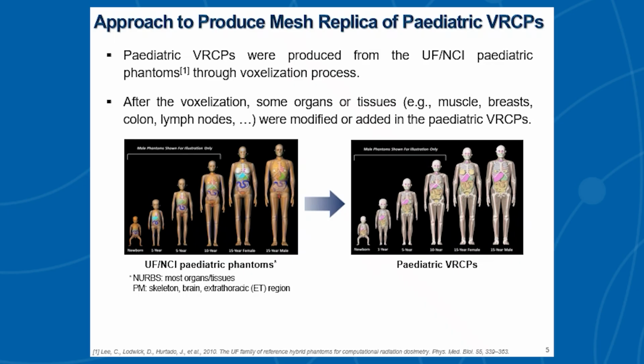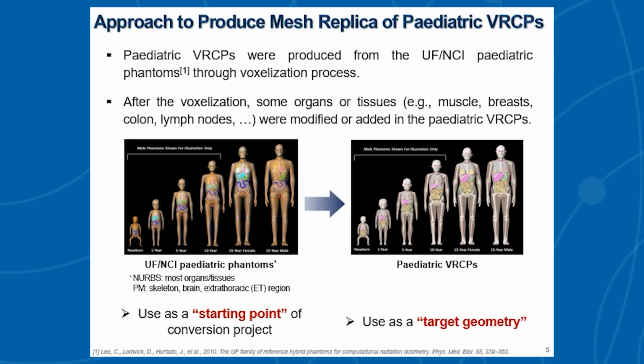For this reason, we used the UFNCI phantoms as the starting point and adjusted them to match the voxel phantoms as the target geometry. This approach allowed us to generate mesh replicas that preserved better anatomical details while keeping consistency with the voxel phantoms.